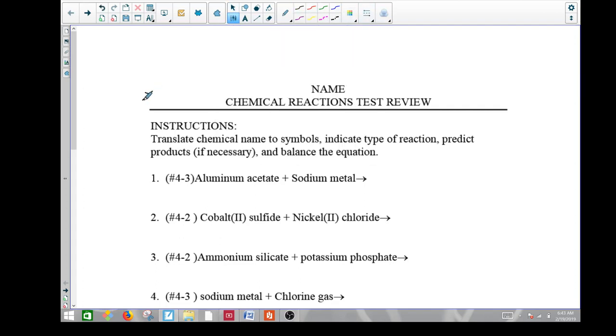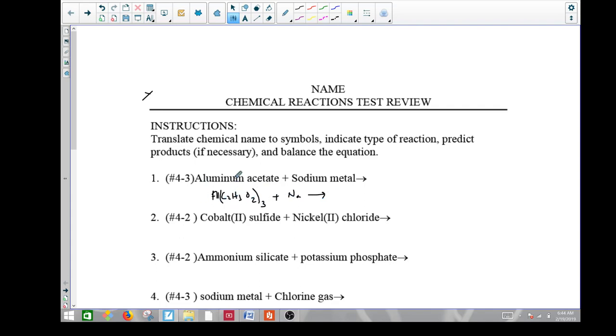Okay, so aluminum acetate plus sodium metal. First thing you should recognize, to be able to flip these over, this is Al(C2H3O2)3 plus sodium metal yields. Now this is an oxidation reduction reaction.